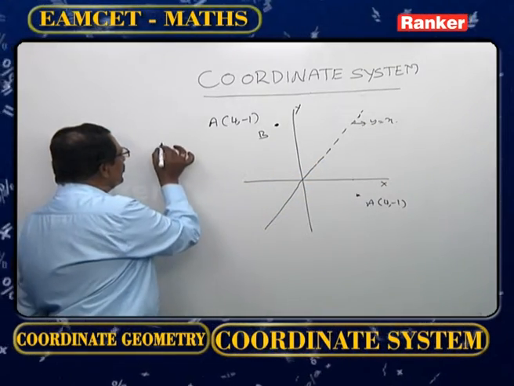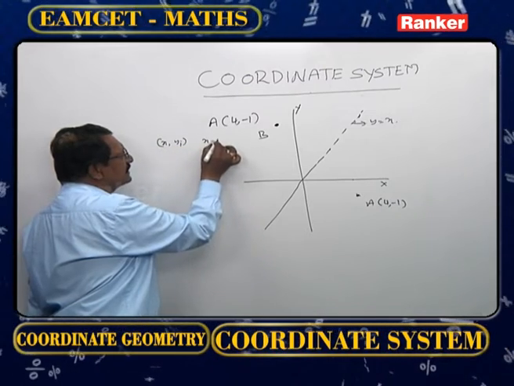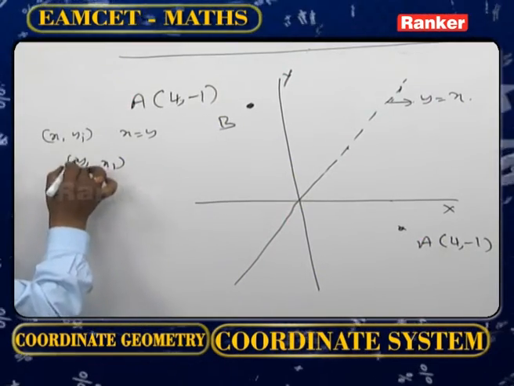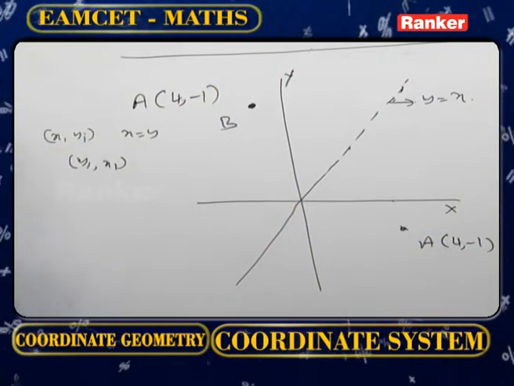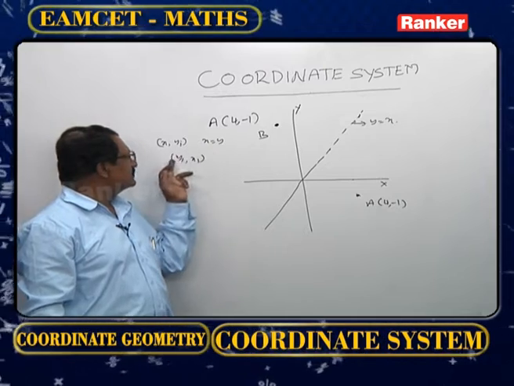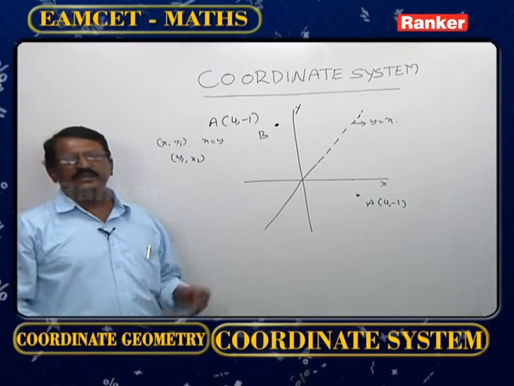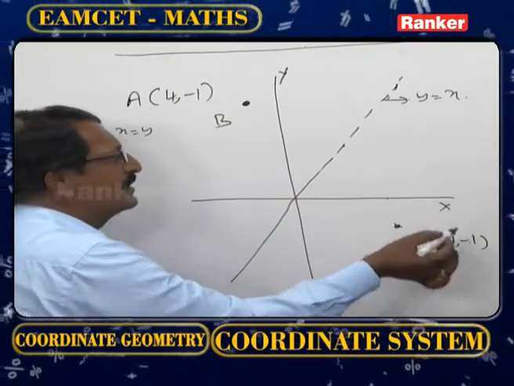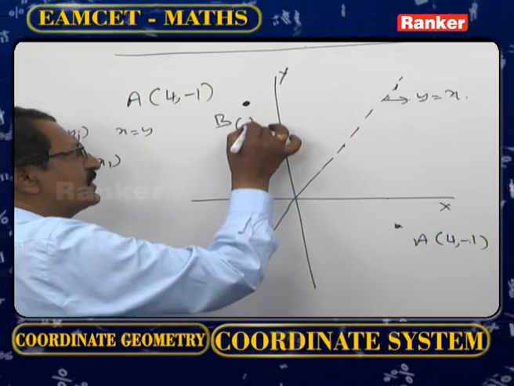The image of any point x1, y1 with respect to the line x equals y is y1, x1, meaning x and y coordinates are interchanged. Then the image of A 4, minus 1 with respect to the line y equals x is minus 1, 4.